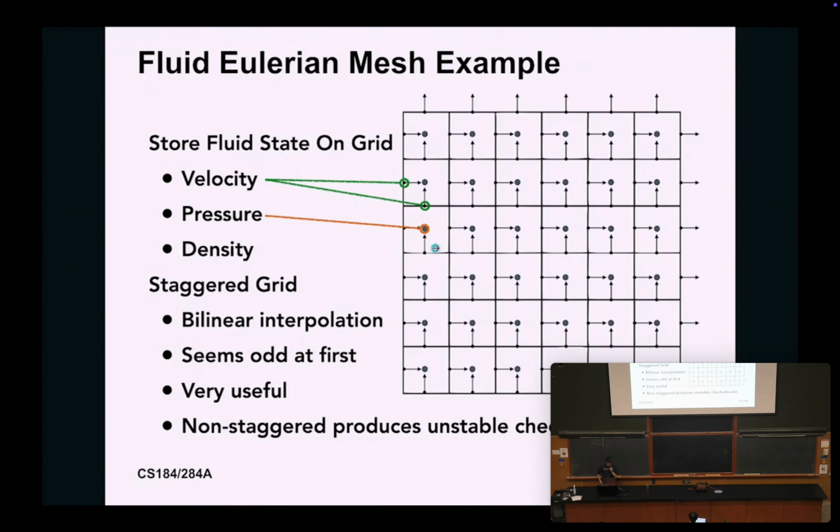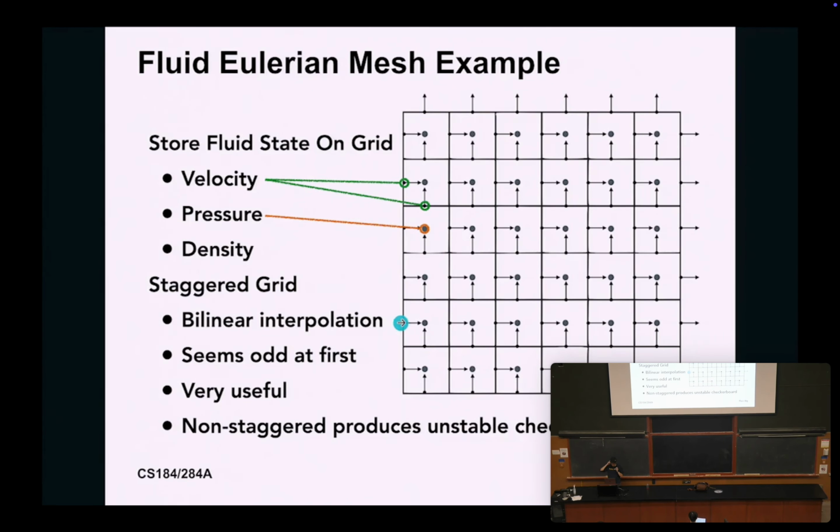Okay, if you guys are doing fluid simulations for the final project, this might be helpful, maybe. For fluids, at least in this example, we have an Eulerian mesh, a static mesh of grid, and then we define the pressures in the center and velocities on the faces here.